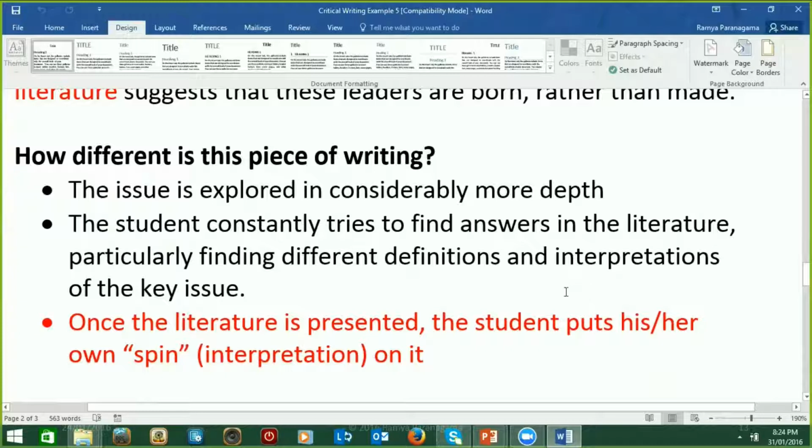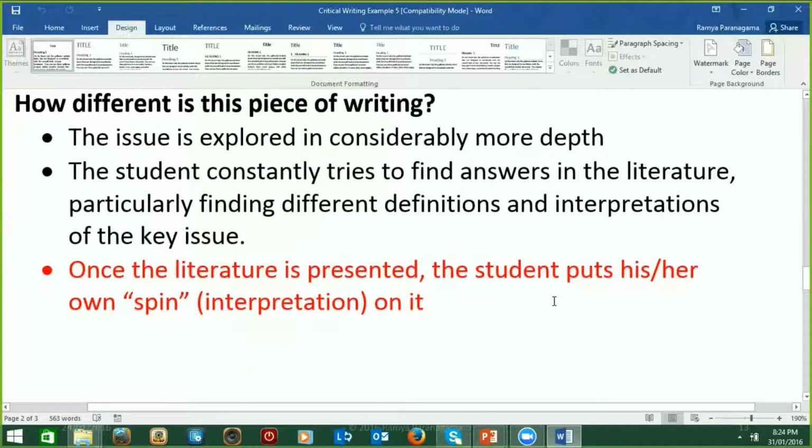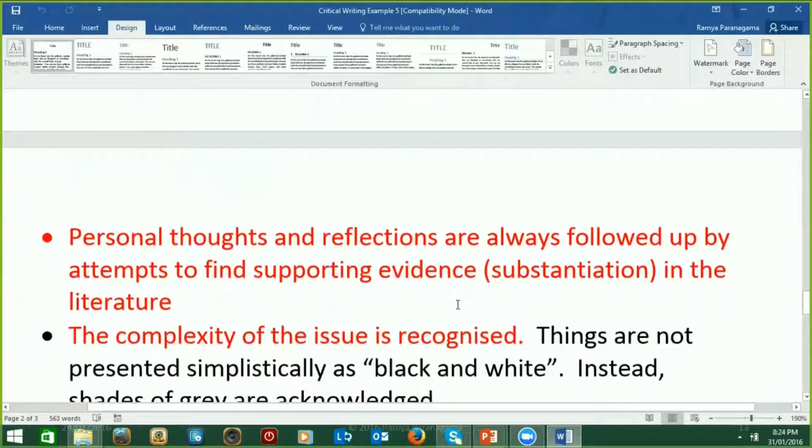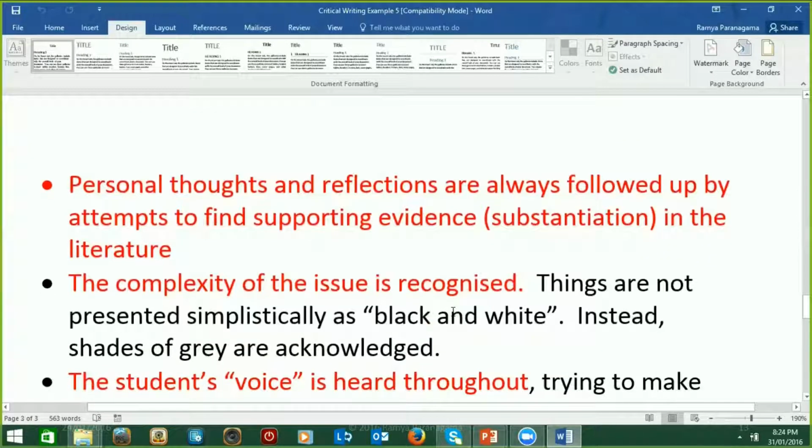Charisma in transformational leadership. Once the literature is presented, the student puts his or her own spin, interpretation, into that. And then, can you see that personal thoughts and reflections are always followed up by attempts to find supporting evidence, right? Different authors supporting. The complexity of the issue is recognized, and it was clear, 3-4 paragraphs are going through that, right?